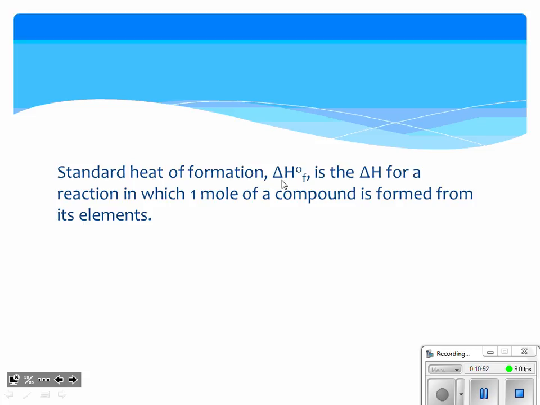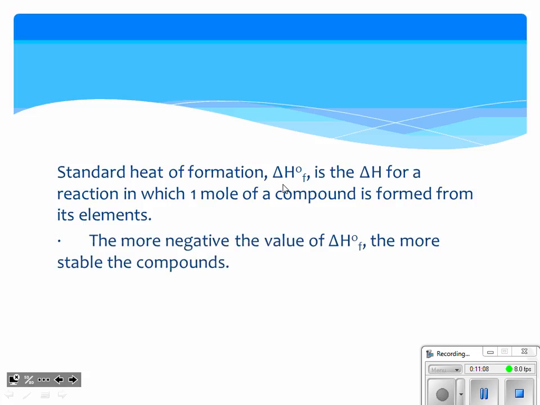The standard heat of formation is the change in enthalpy for a reaction in which 1 mole of the compound is formed from its elements. The more negative the value of the standard heat of formation, the more stable the compound.